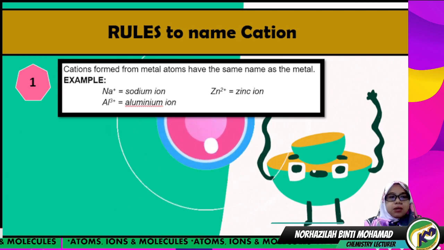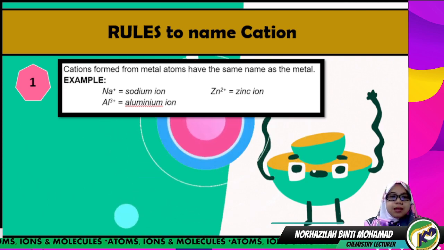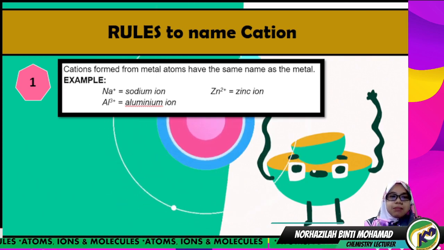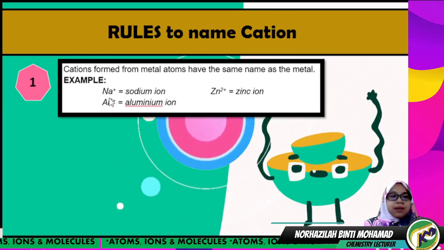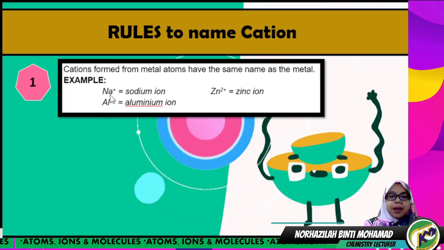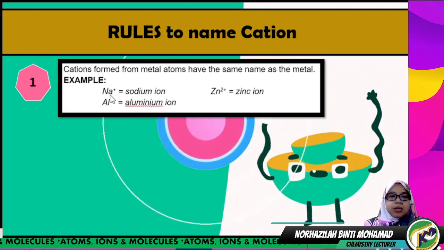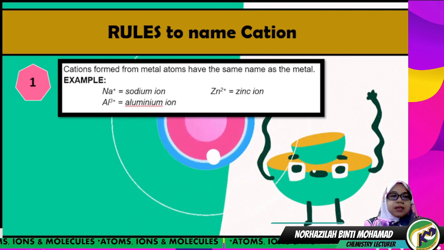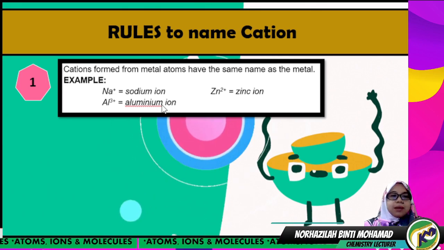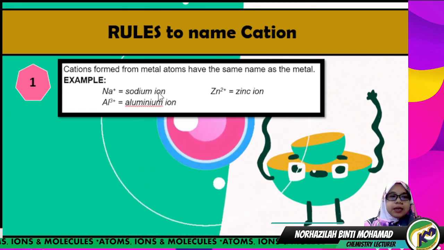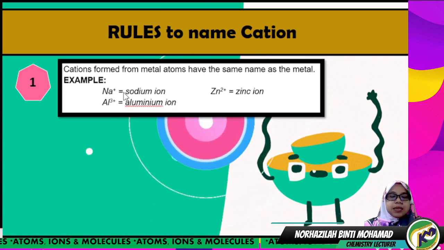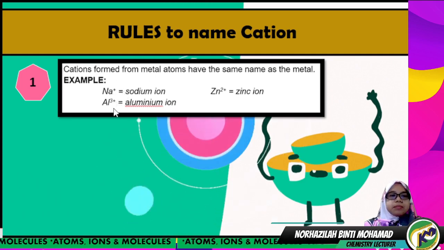So the cation that comes from these metal atoms has the same name as the metal. Let's say, for example, we have Na+. Na+ comes from the element sodium, so the name of this ion is sodium ion. We need to put the word ion at the end of the name because this is an ion.